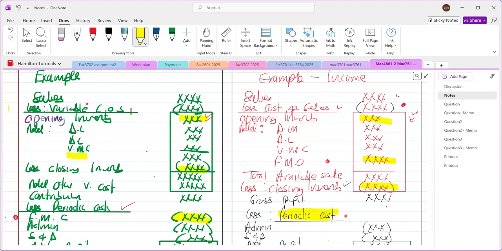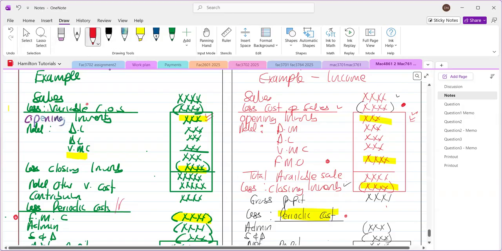So the total figure of fixed manufacturing overhead cost will be dealt with there. Okay, so anything that's not variable then goes under periodic costs. Yes, so here we can also just call it fixed cost. It's actually just as good. So all the fixed costs are dealt with here. Okay, thank you. That's much better.